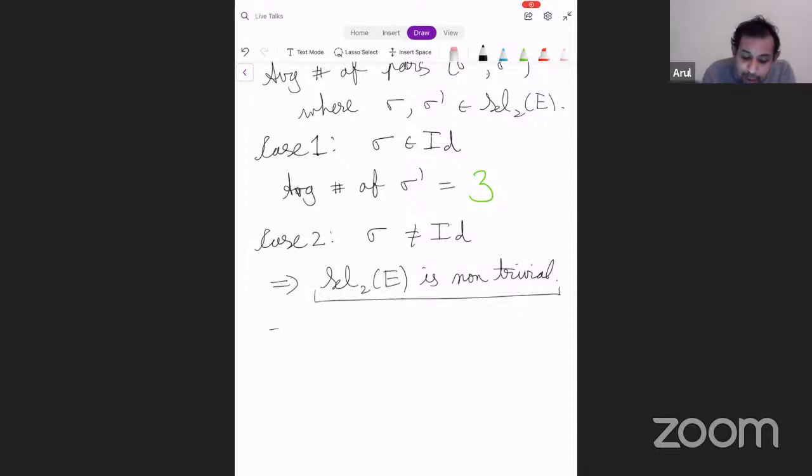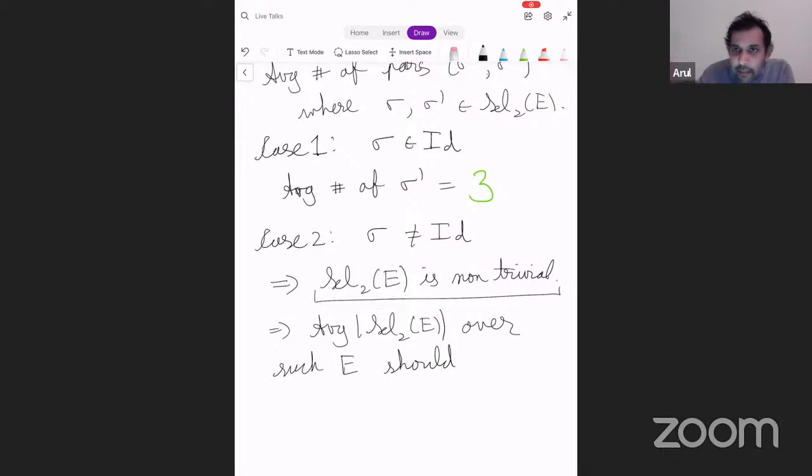And so we expect the average size of the two-Selmer group over such E to be larger. And in fact, by the minimalist conjecture, by the same sort of minimalist reasoning that we did before, what it predicts is the average size of the two-Selmer group over such E should be 6.